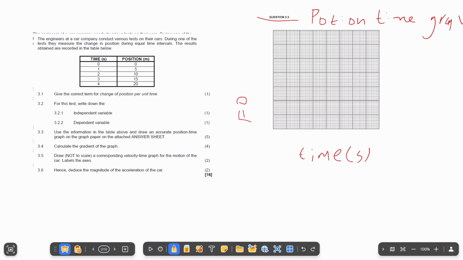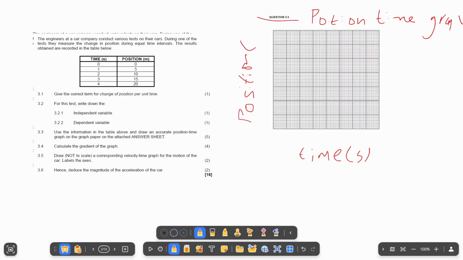Oh, my pen is misbehaving today. Position, and this position must be in meters. You must write all that. That is all important information, right?